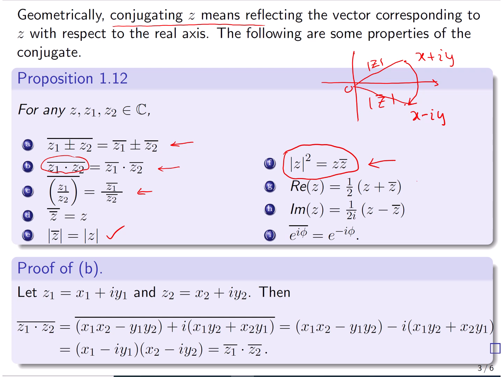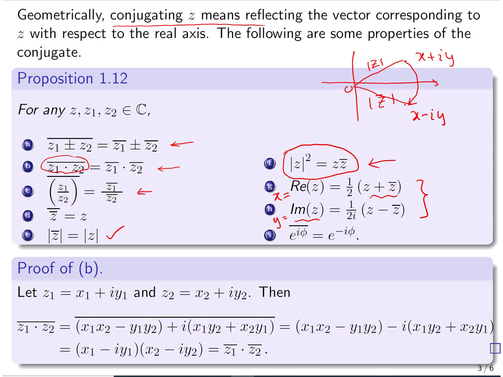And also, these two are very important. If you want to pull the x coordinate out, you take the average of z and z bar. If you want to take the y coordinate out, we take z minus z bar, which is the difference of those two.